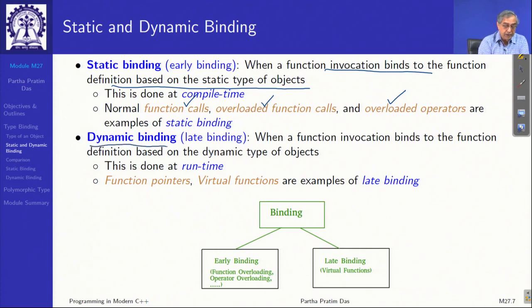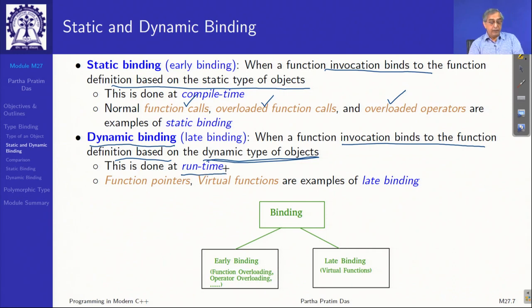In contrast, we have dynamic binding in C++, when a function invocation binds to the function definition based on the dynamic type of the object. You have seen that the dynamic type of the object could be different, and so this is done at runtime. Function pointers, we have seen, are an example of dynamic binding, which can be simulated in C, but is more explicit in C++.